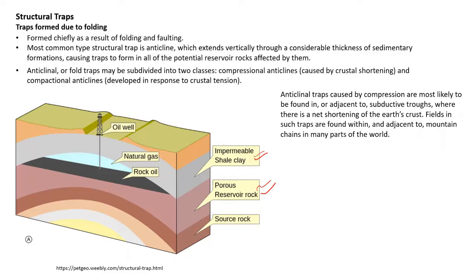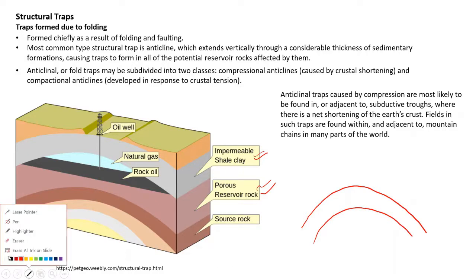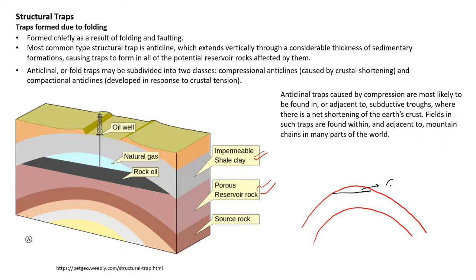Let us imagine that this is an anticlinal structure and it is having hydrocarbons in it. Let me draw this in black color, it is gas, and then we get oil over here, which I am drawing in blue color, like this, oil. And of course, this is all water.